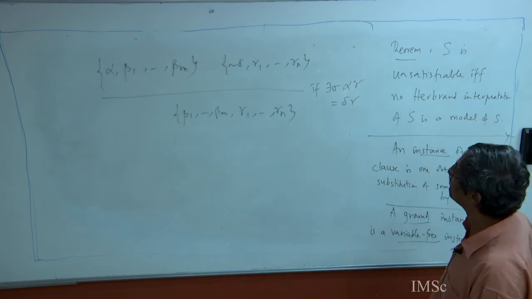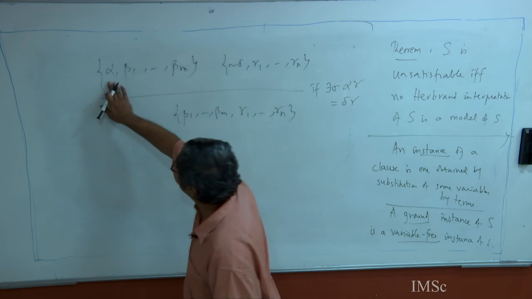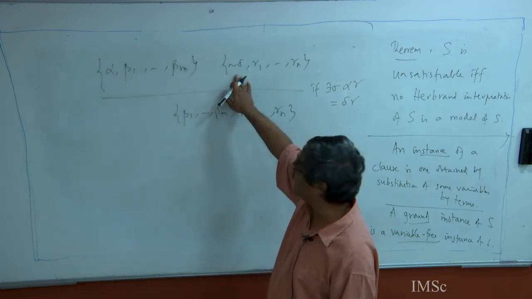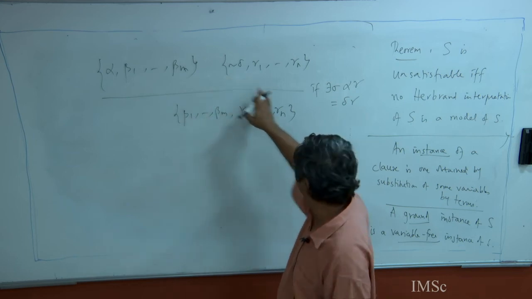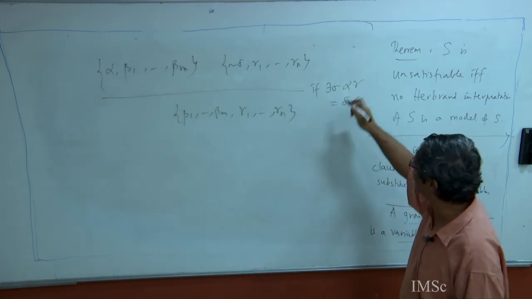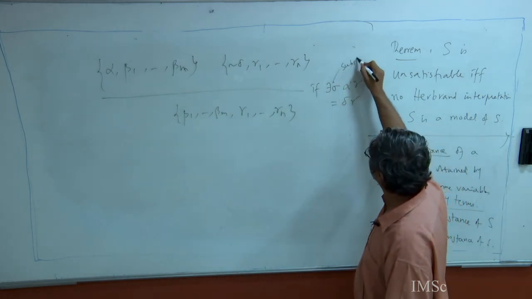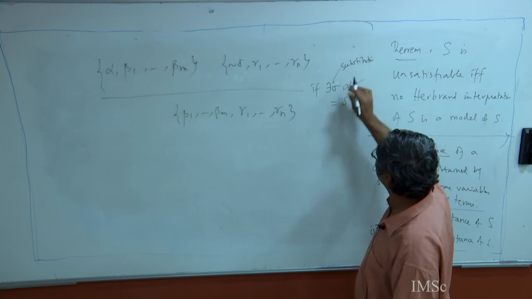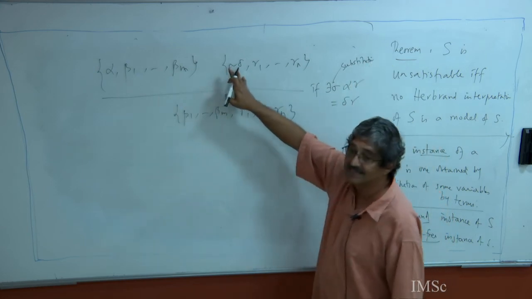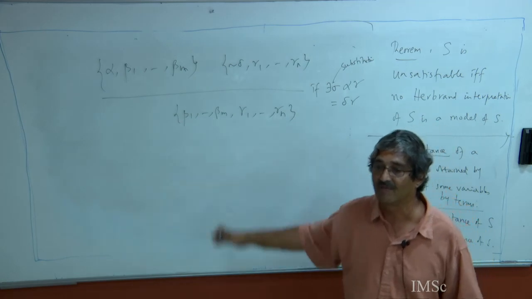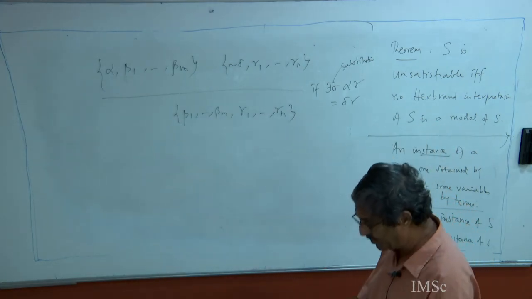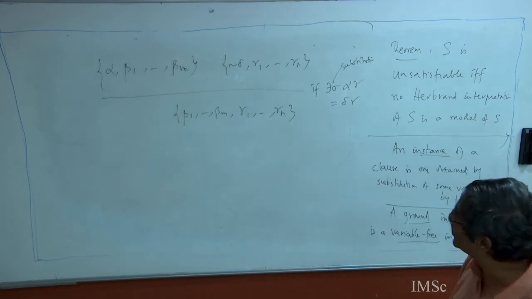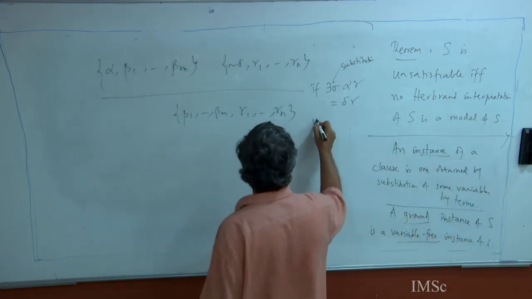So you can use some substitution. Under some substitution, these two are contradicting each other. That is the idea. Under some substitution sigma, I get the same here, and this is a negation here, therefore you can resolve and get the rest. You can throw away that and continue. And when you keep doing that, if you get the empty clause, you have done. So this is the process of unification.